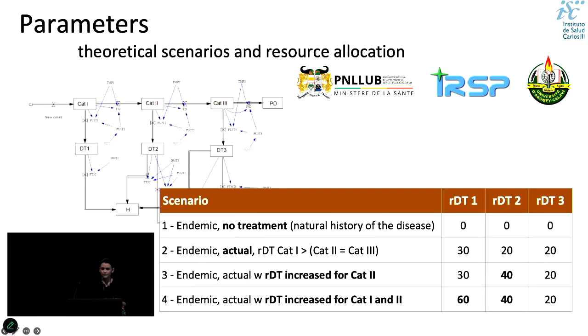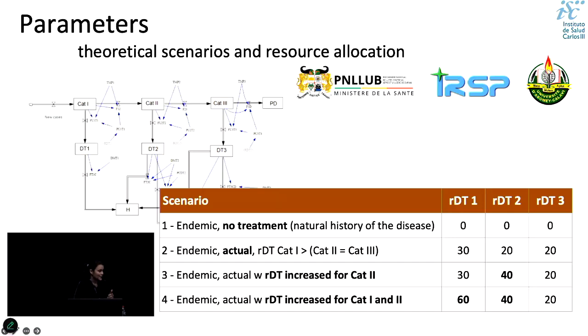Once we have developed the model and established the parameters, we can simulate different scenarios with different resource allocations. Here is just an example to demonstrate whether the model as we built it is working or not. As an example, we propose 4 scenarios.